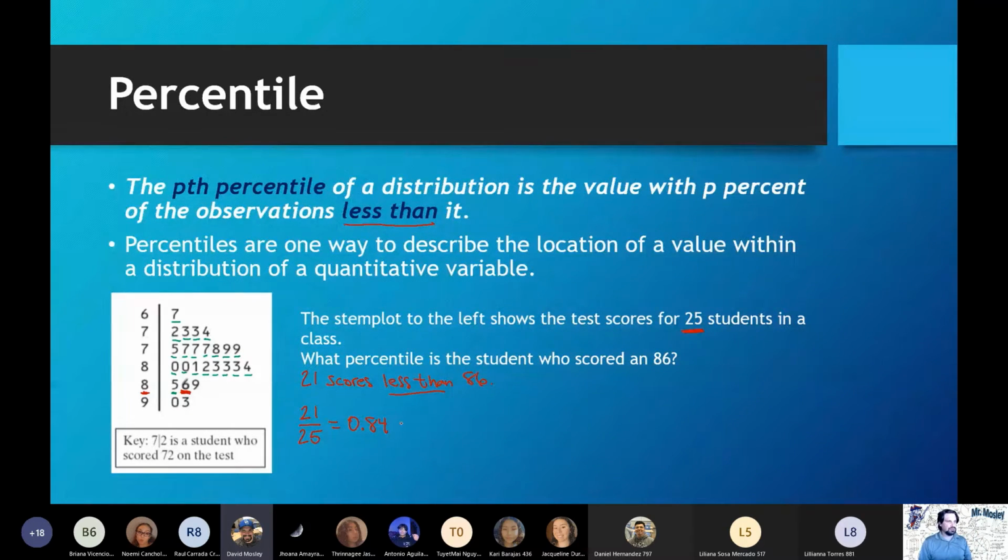We need to convert that to a percent by moving our decimals 2 spots. 1, 2, gives us 84%.